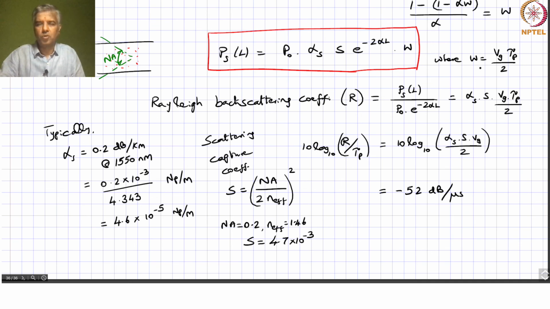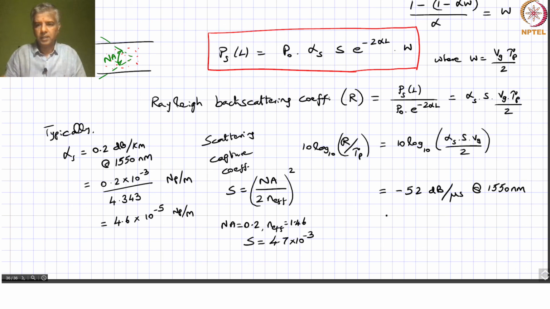So 1 meter would correspond to about 10 nanoseconds. One microsecond is covering 100 meters, so if you wanted to see what it is for 1 meter, you'd go down 2 orders of magnitude, to 10 nanoseconds. Within 10 nanoseconds you'll find that the backscatter coefficient is minus 72 dB, so 2 orders of magnitude less light. And mind you, all this we are calculating at 1550 nanometer.